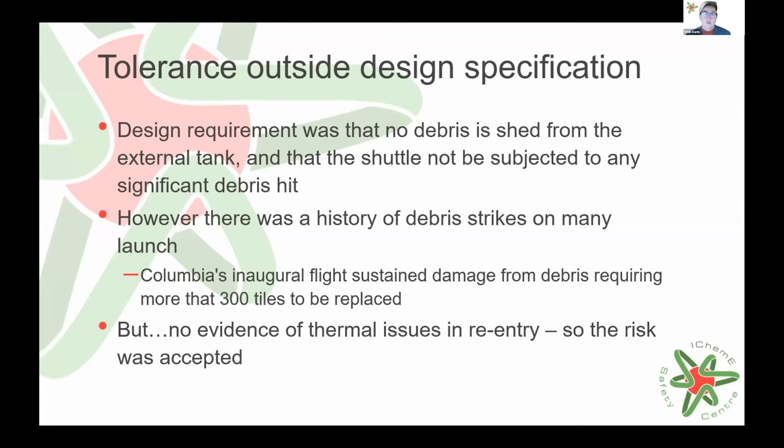It's interesting when we think about what the change was, what the small creeping change was that occurred. There was a design requirement that no debris, no foam broke off anything on launch, but they couldn't achieve that. So they started to just accept it. The fact that they were able to return to Earth without problems, they assumed it was all okay, rather than focusing on maybe it not being okay.